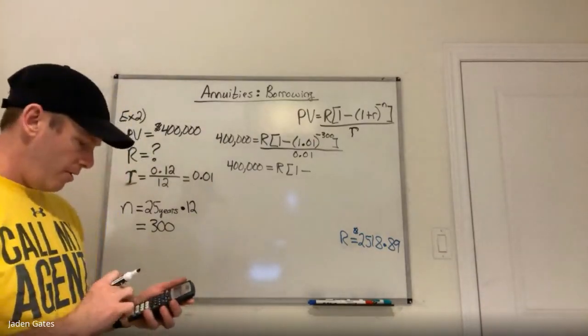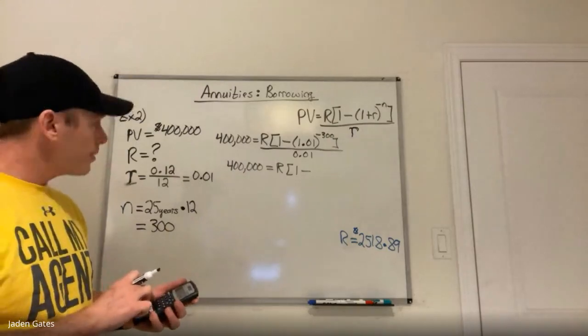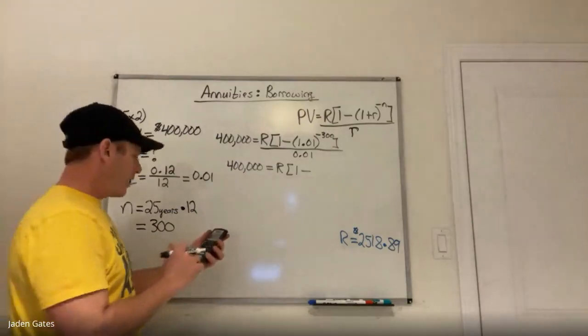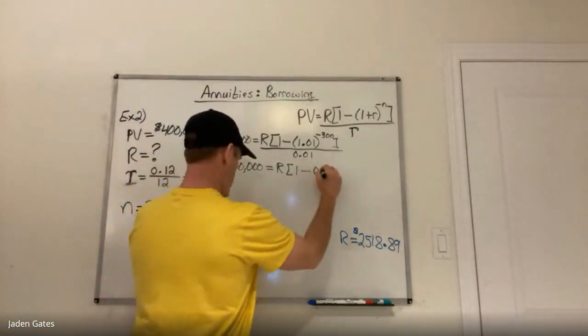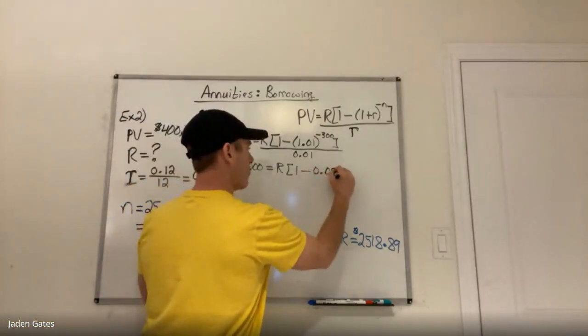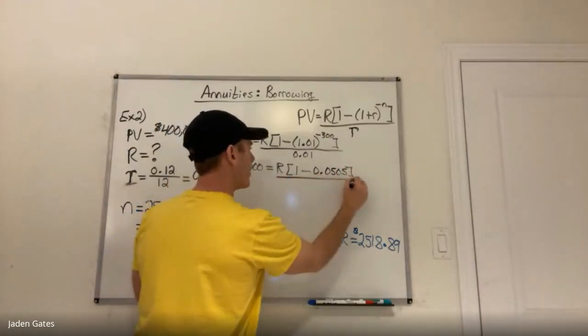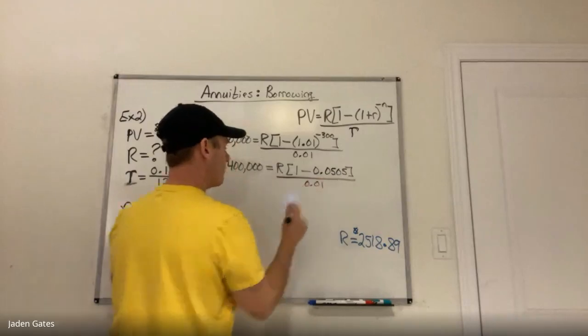So I get my calculator out here. 1.01 to the power of negative 300, and I'm getting 0.0505. Fair enough. And then again, down below here, our 0.01.